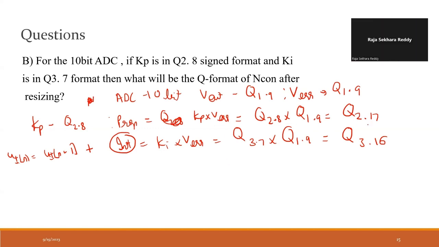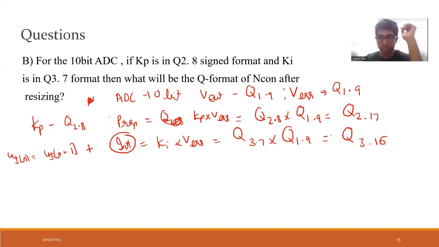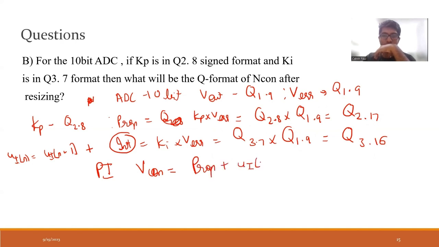Is there any question or doubt in this multiplication part? Okay. So now my PI controller's output is VCon, and my VCon is equal to proportional plus UI of N. Now the issue here is proportional is Q2.17 and my UI of N is Q3.16.